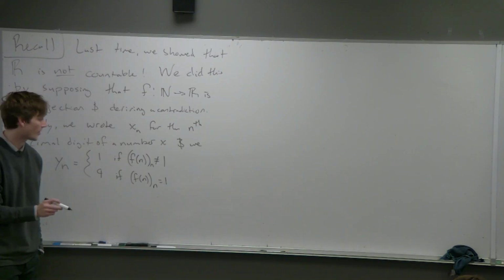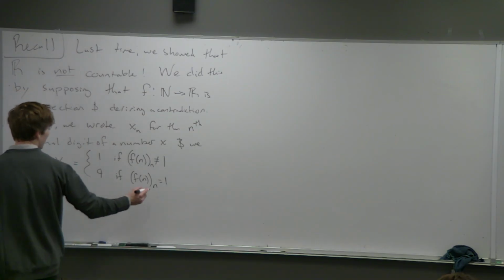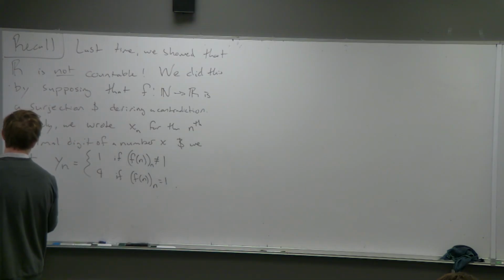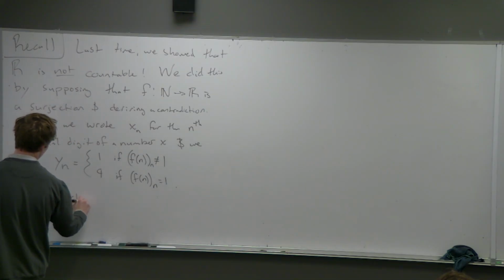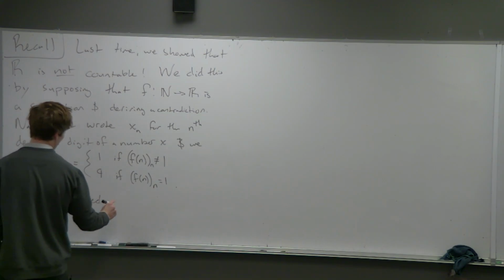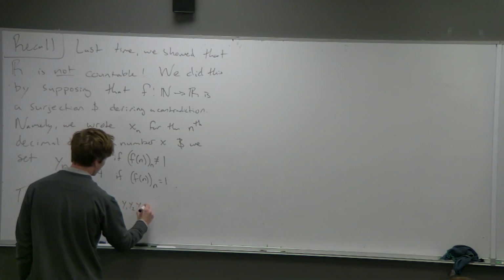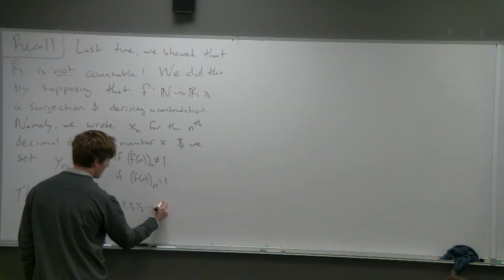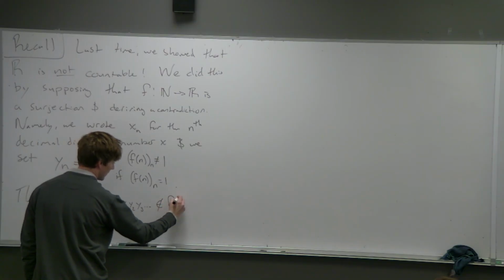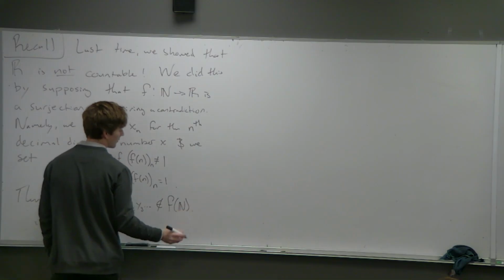Okay, so then we showed 0.y1 y2 y3 and so on is not in the image of the naturals.